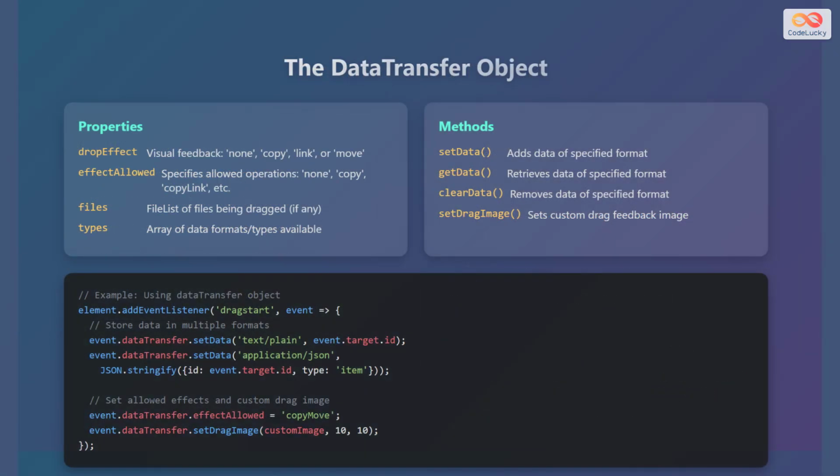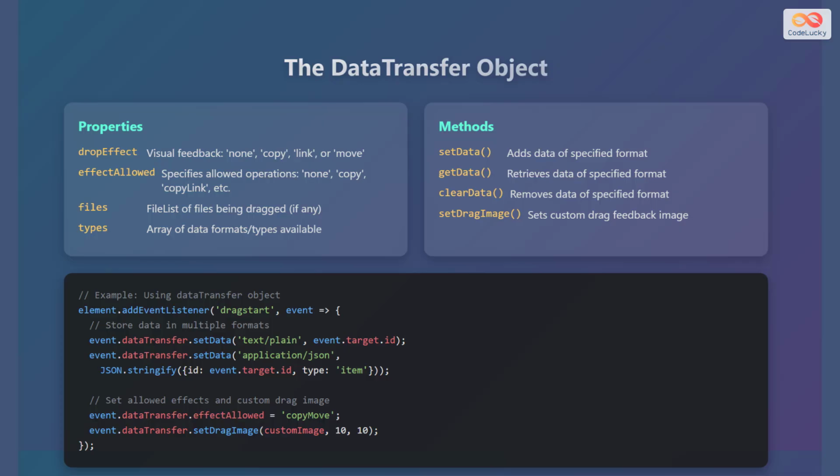Here we will explore the DataTransfer object. The DataTransfer object has properties like drop effect for visual feedback, which can be none, copy, link, or move, effect allowed, which specifies allowed operations such as none, copy link, etc., files, which is the list of files being dragged, if any, and types, which is the array of data formats or types available.